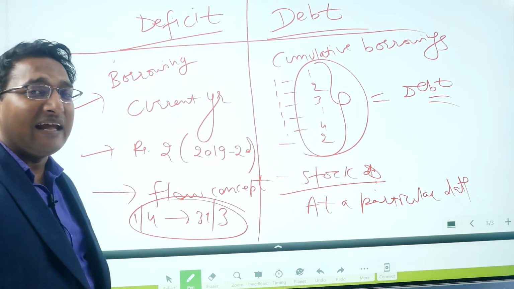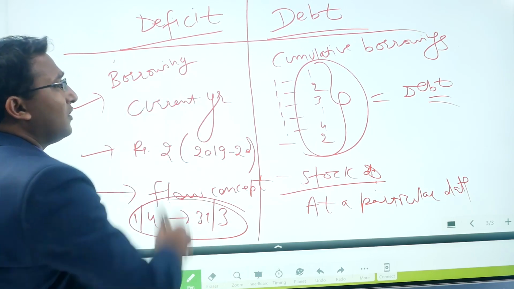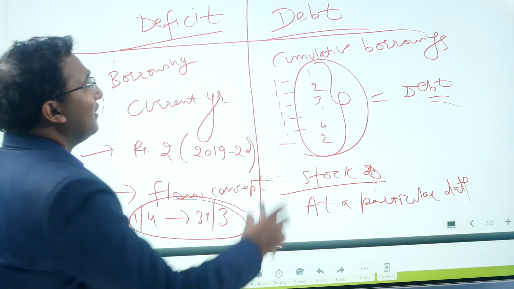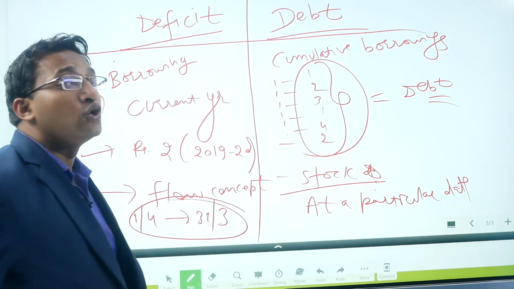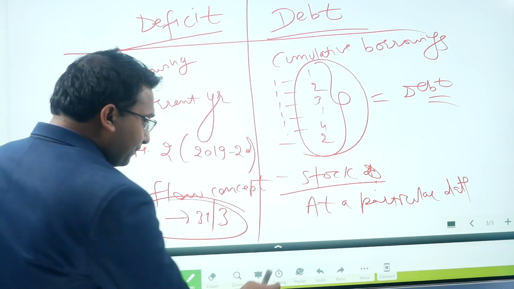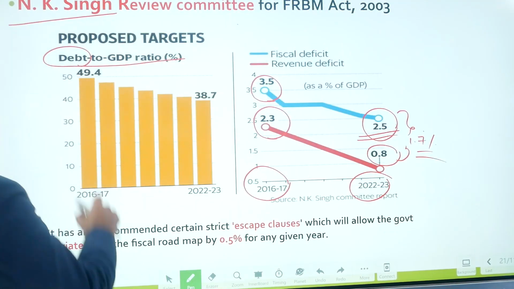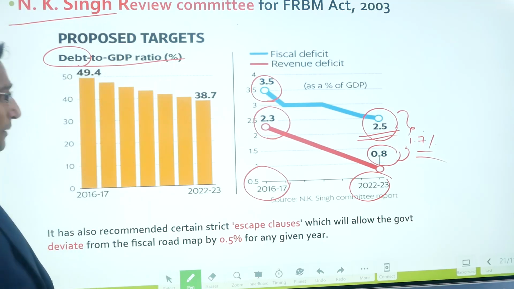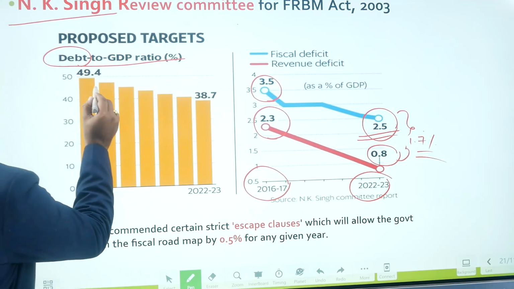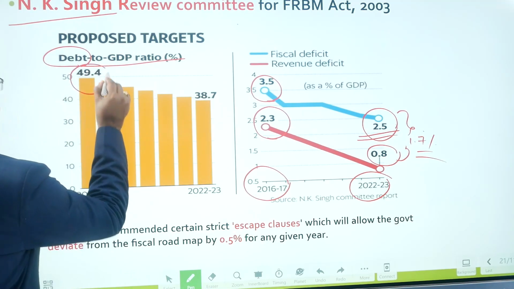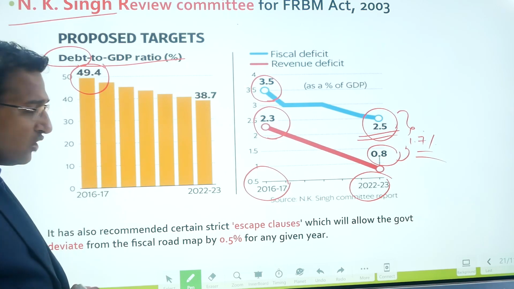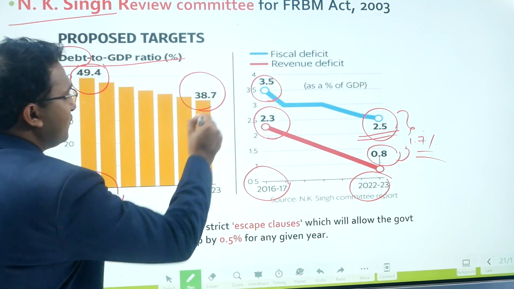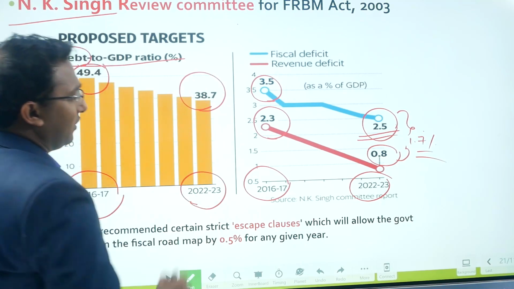The NK Singh committee says that deficit is not the right parameter to judge the fiscal strength of the government. It is the debt, the cumulative borrowing, which should be taken care of. So coming back to the recommendations, debt to GDP ratio was taken as the main parameter, and the NK Singh committee recommended that central government debt should be reduced from 49.4% of GDP in 2016-17 to 38.7% of GDP in 2022-23.